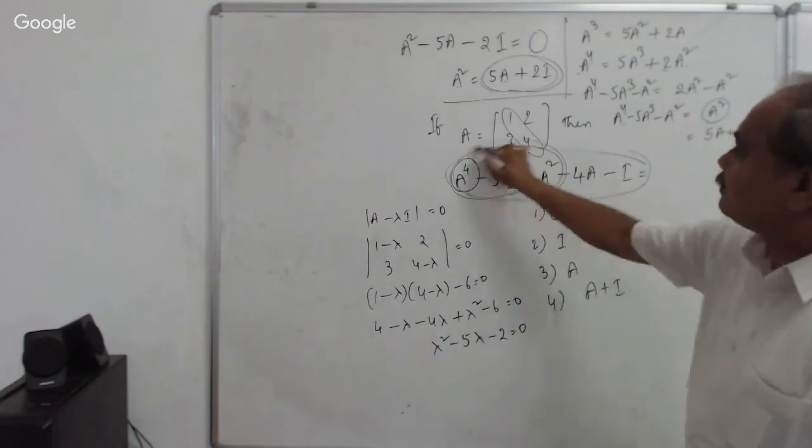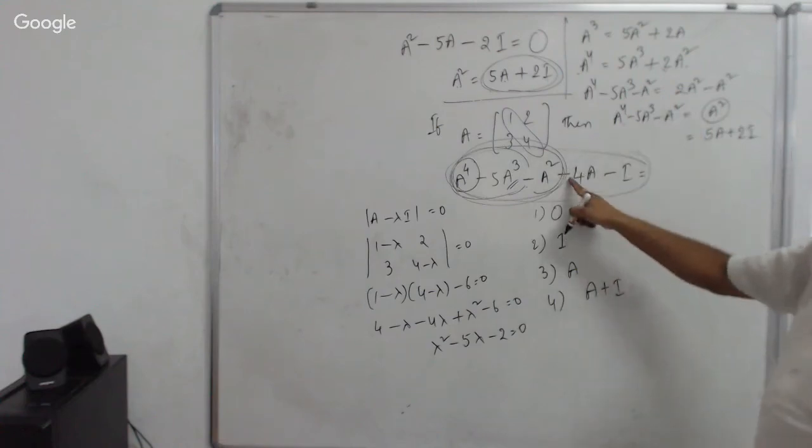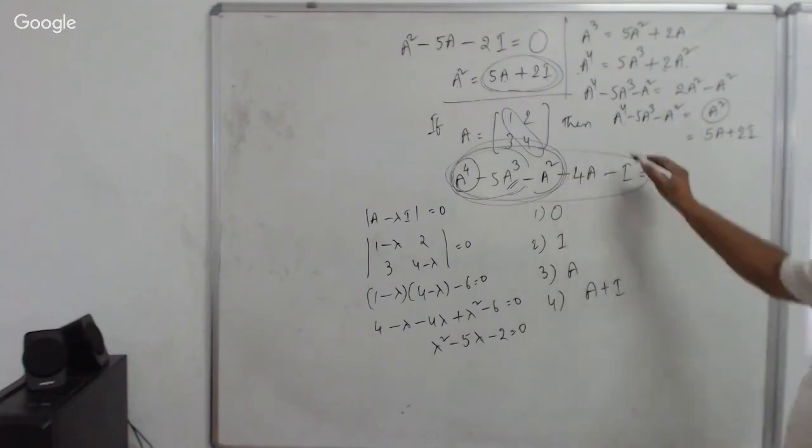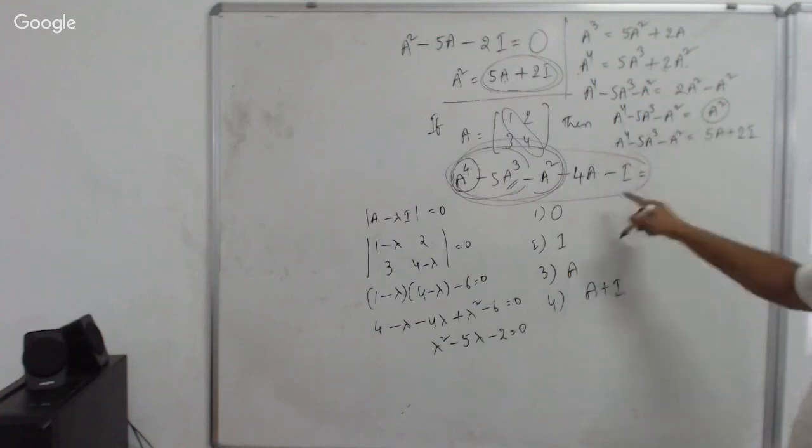Only then this coincides with the question. Again, minus 4A minus I is required. It is A power 4 minus 5A cube minus A square.